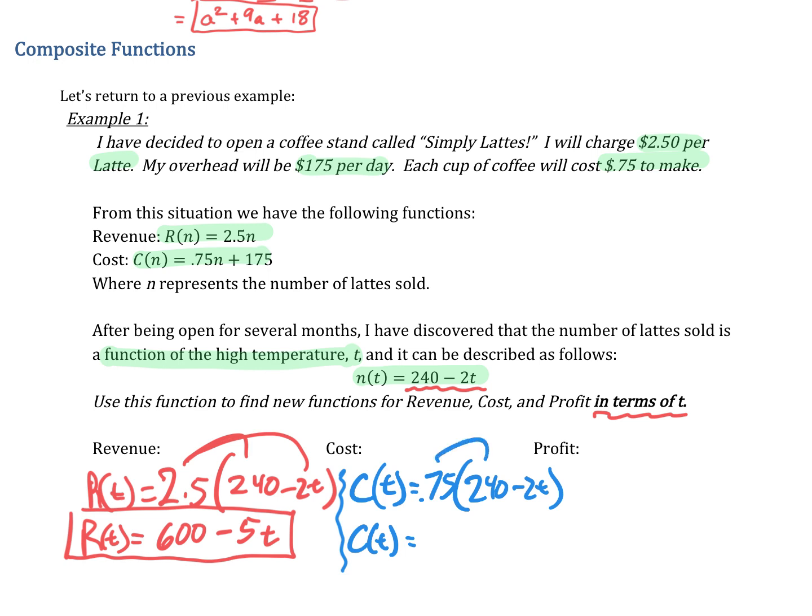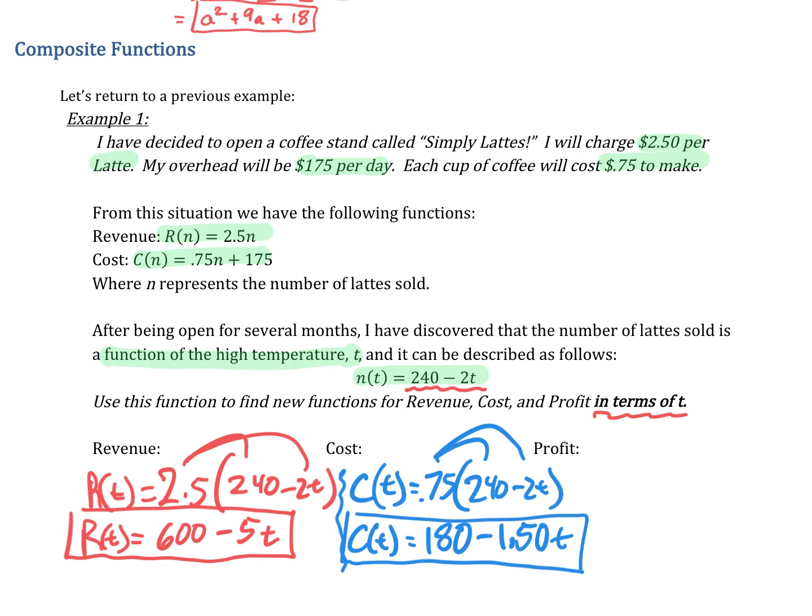And 3/4 of 240 is, let's see, 180. 60 times 3. And 0.75 times -2 would be -1.5, right? Like $1.50. Okay. So there's my cost function.